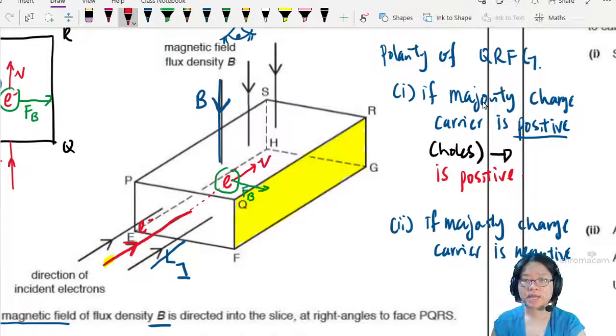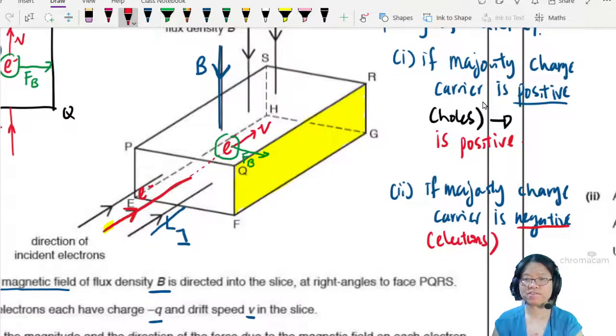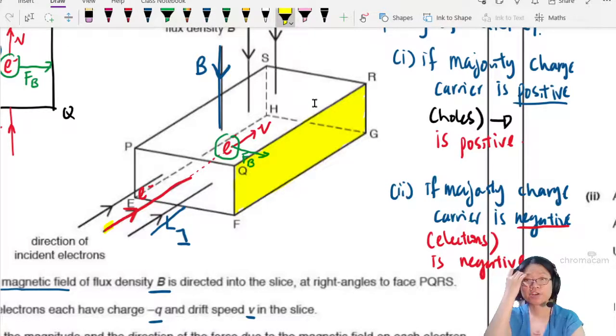Okay? And similarly, if the majority charge carrier is negative, or electrons, then the polarity of QRFG is negative. So whether this yellow colored phase of the semiconductor is positive or negative depends on which one is your majority charge carrier.